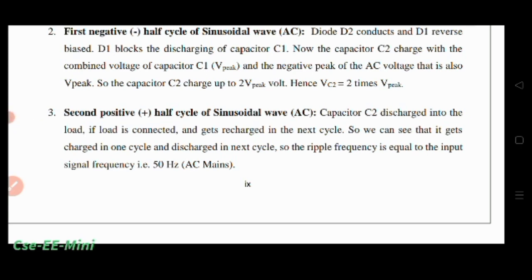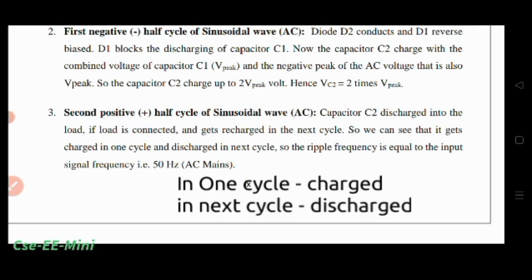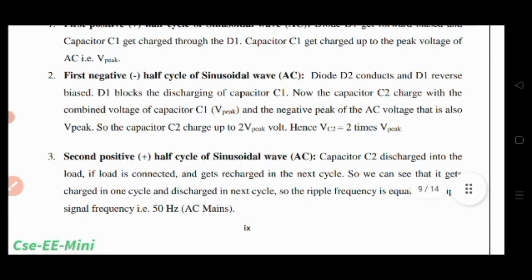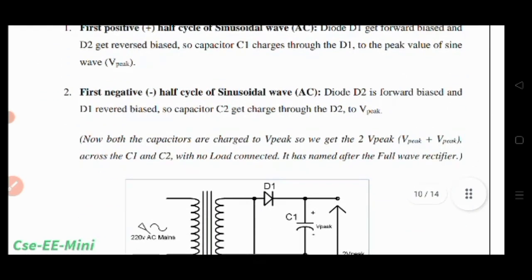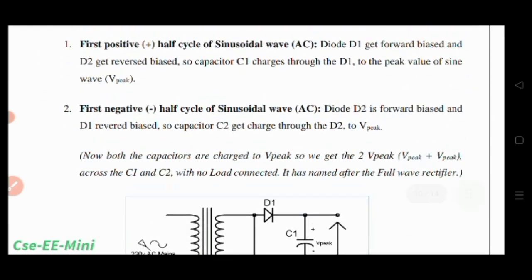And in the second positive half cycle, capacitor C2 discharges into the load, if a load is connected. So in one cycle it is charged, and in another cycle it gets discharged. This is all about the half wave doubler circuit.